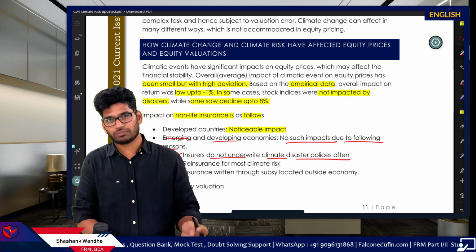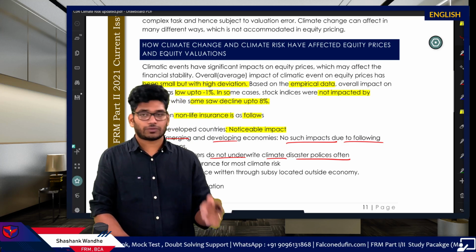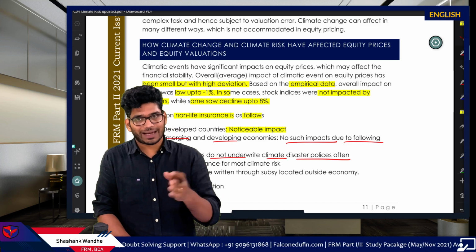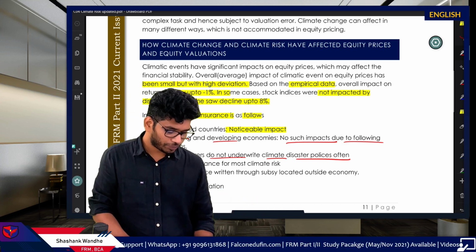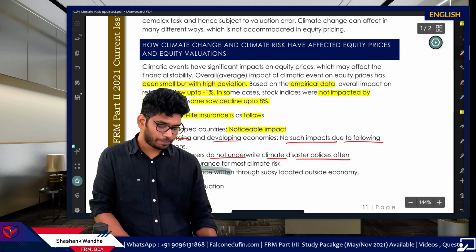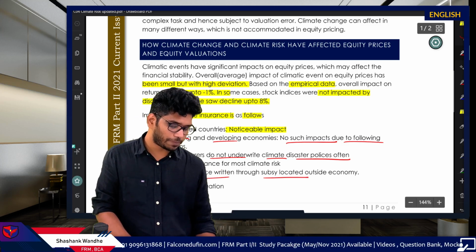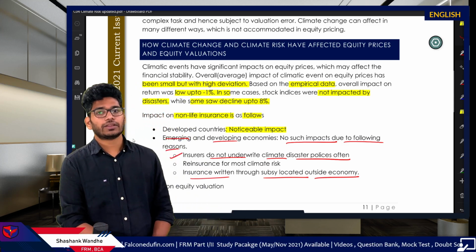There may be some, but not very frequent. Third, if they underwrite natural disaster or climate disaster related insurance, then they reinsure it, and if they are doing it, it is through a subsidiary located outside the economy. So these are the three reasons.